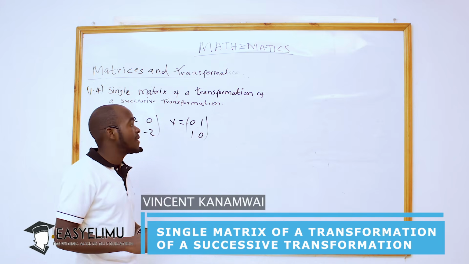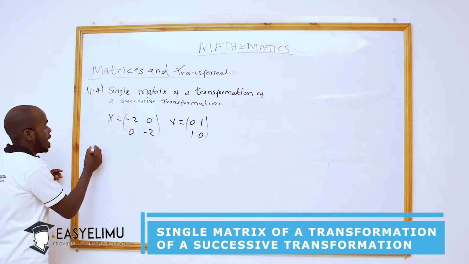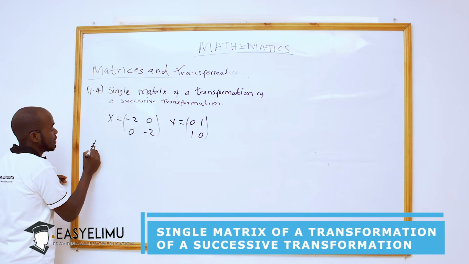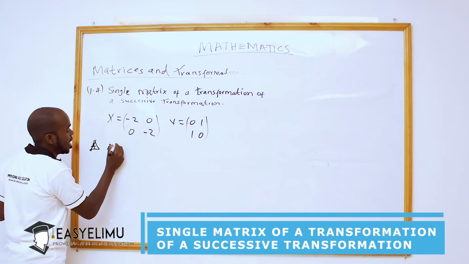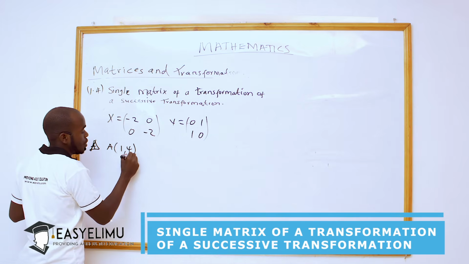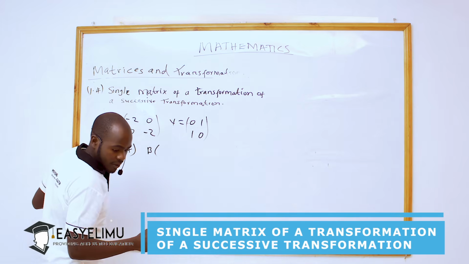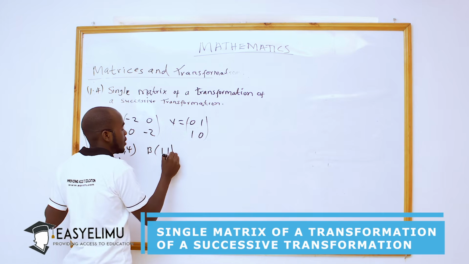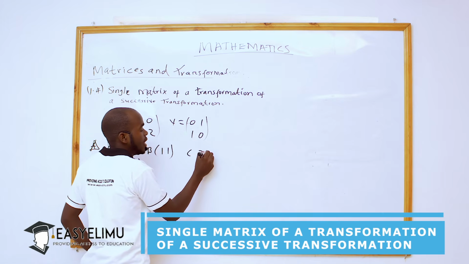For instance, let's say we have been given a triangle with vertices A as 1, 4, B as 1, 1, and C as 3, 1.